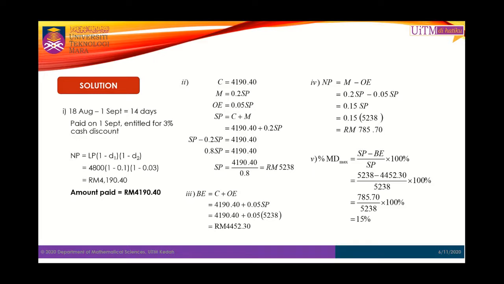Then to get the rate, you divide this value by the selling price. Taking the difference, you get 785.7, then divided by 5238, the selling price, multiplied by 100%. So you have the maximum markdown percent rate equal to 15%.